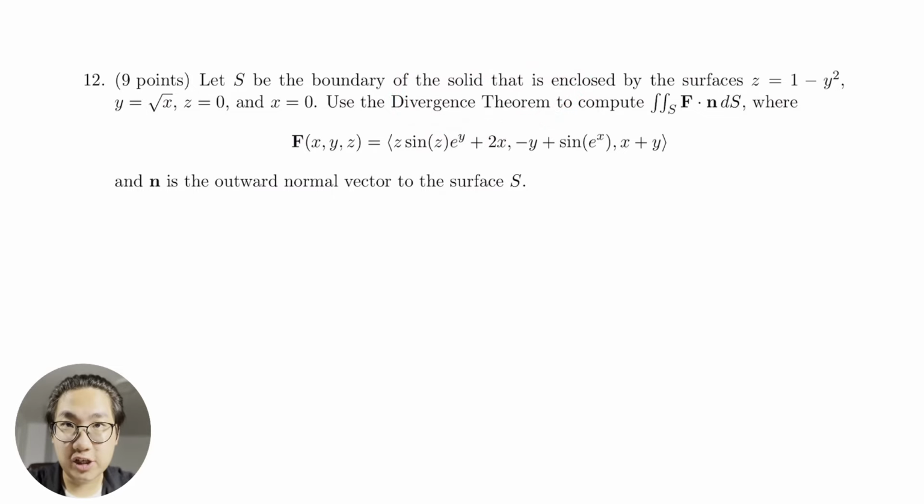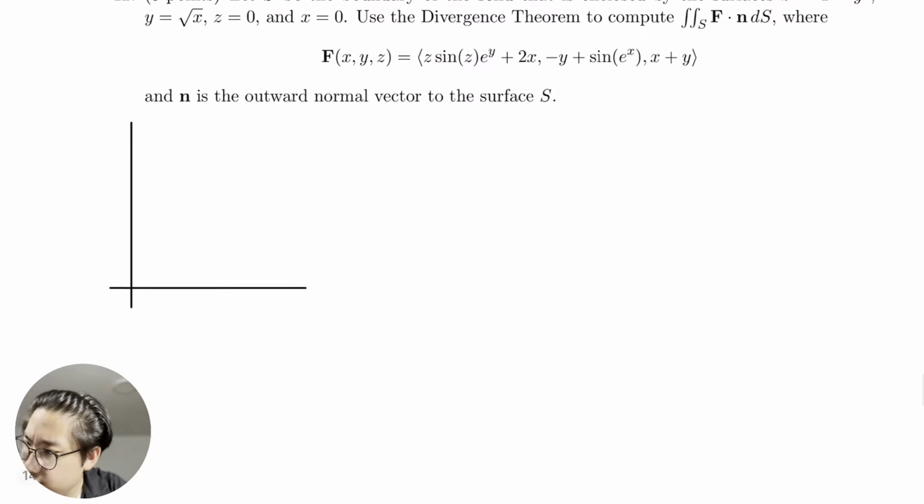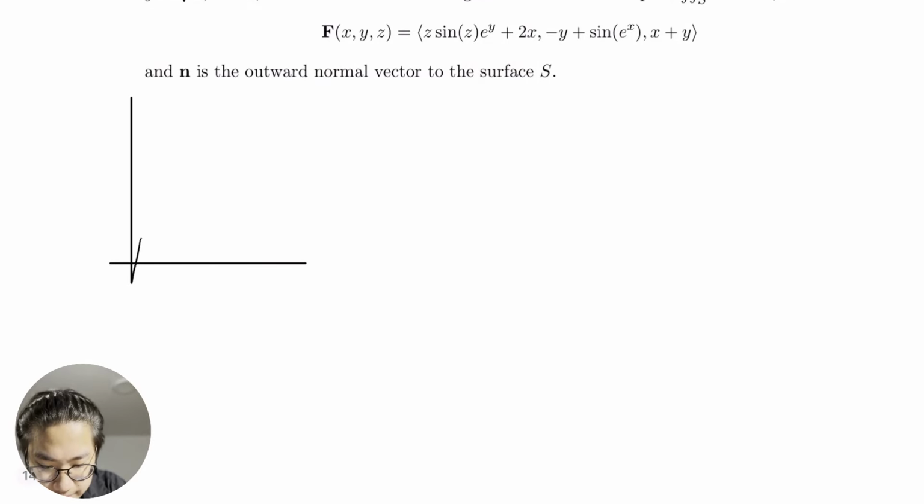So first we'll sketch the solid and then we'll proceed from there. So, yeah, something like this should be good. How much did I angle it down? Okay. Yeah, good enough.